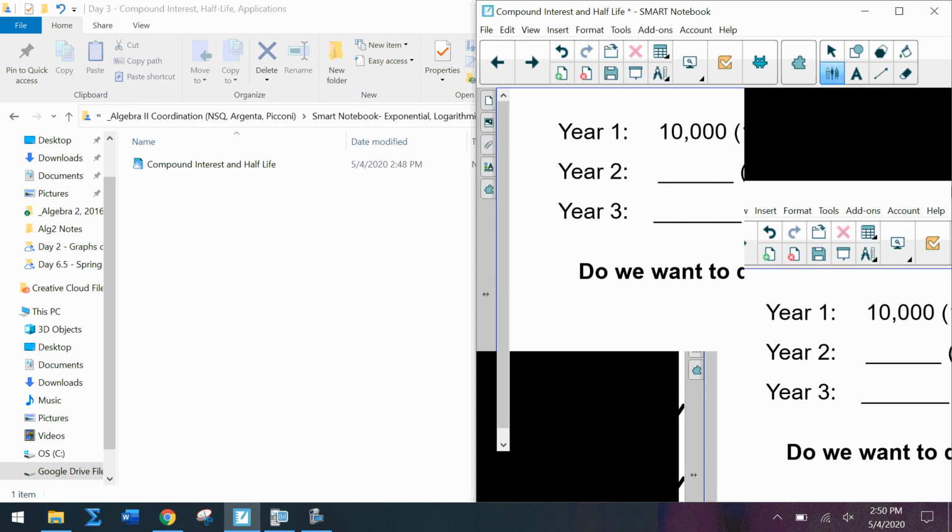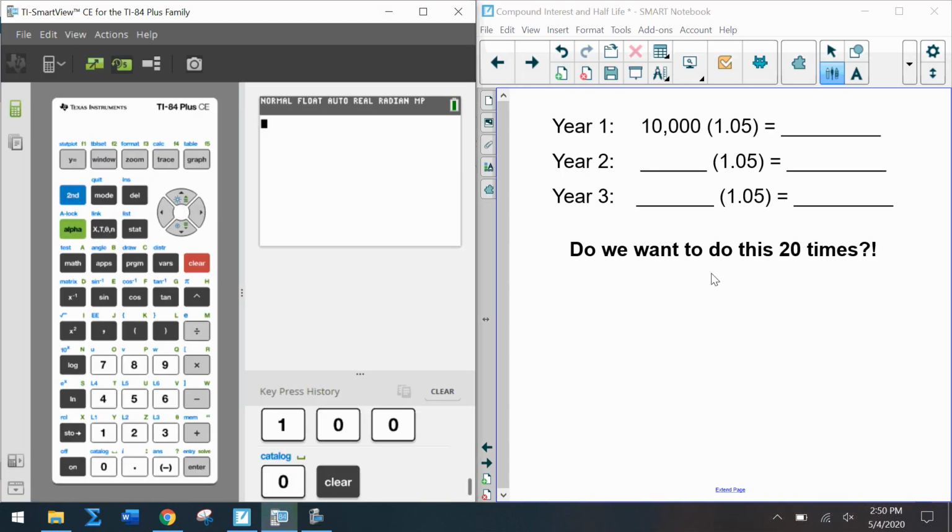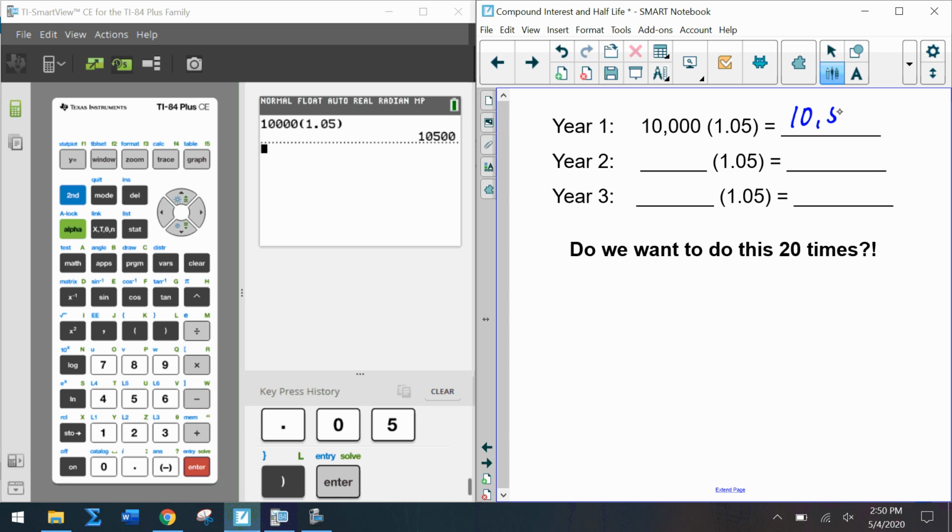Okay, so we're going to need our calculators, so make sure you have that out. Let's go through this. After 1 year, if we started off with $10,000, and after a single year we earn 5% interest, in that account we now have $10,500.